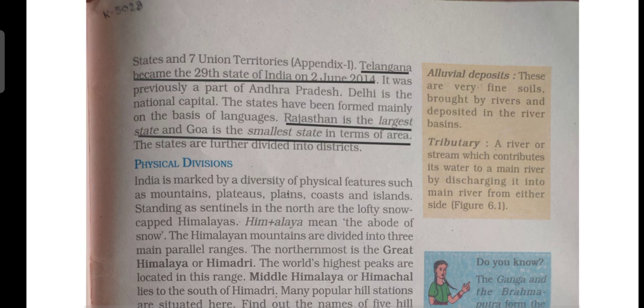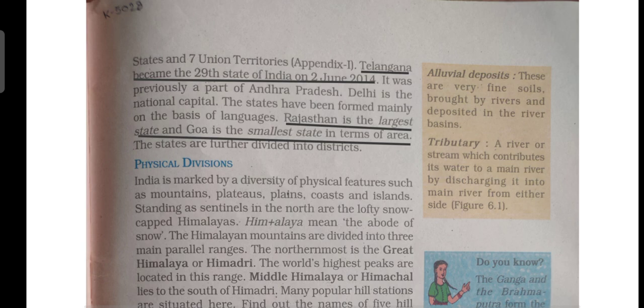The 8 union territories are Andaman and Nicobar Islands, Chandigarh, then you have Dadra and Nagar Haveli and Daman and Diu. Earlier children, Dadra and Nagar Haveli and Daman and Diu were separate union territories, but now they have become a single union territory.